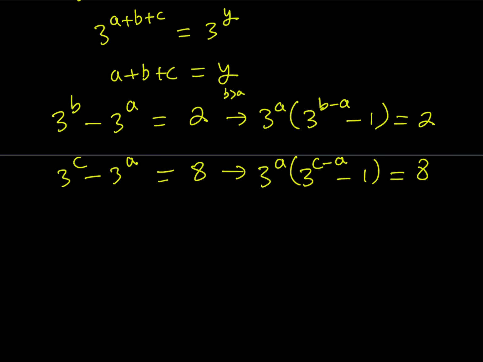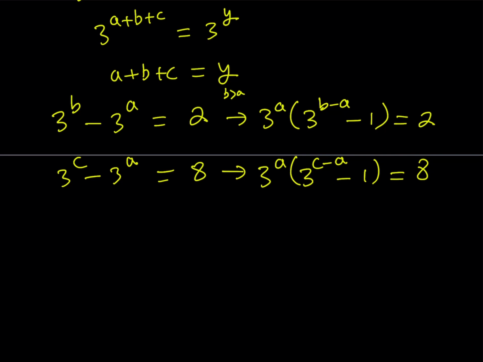Now notice that we're multiplying a power of 3 by something else, and we're getting 2. Is that possible? 3 times 2/3 is 2, but 2/3 is not going to equal what's inside the parentheses, because that's an integer. So a power of 3 times an integer cannot equal 2 unless the power of 3 is 1.